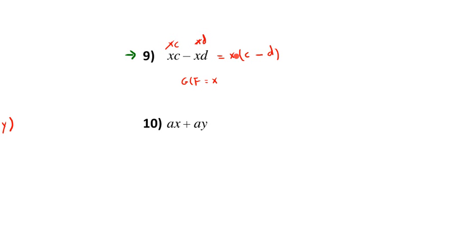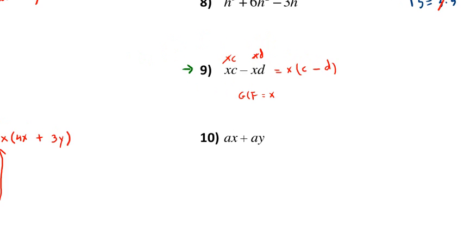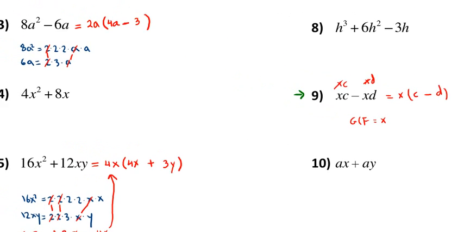You're factoring out the GCF from each of the terms. What do you have left, or what do you need in these places, so that when you multiply with the distributive property, you get back the original polynomial. And that's it for factoring using the GCF.